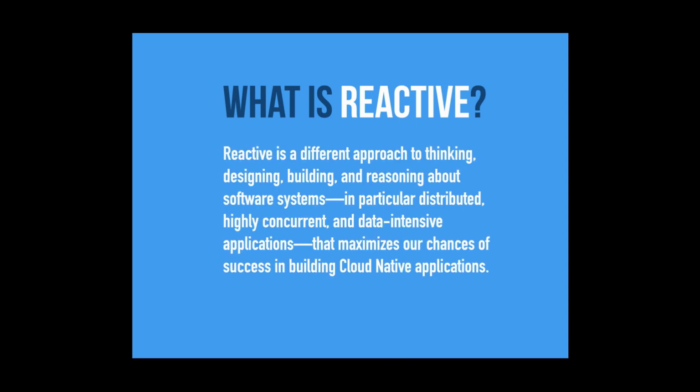What is reactive? Reactive is really a different approach to thinking and designing and building and reasoning about software systems, in particular distributed and highly concurrent systems. It's really proven through years of experience. Way before I started writing the Reactive Manifesto, and way before RxJava and other things came about.